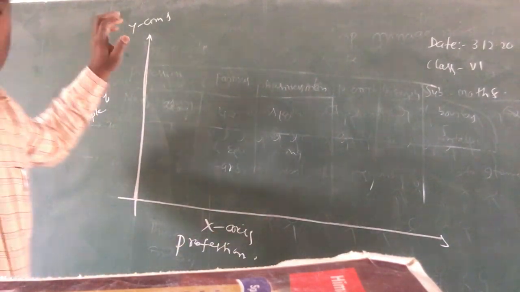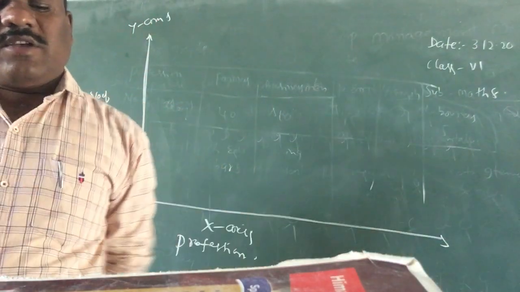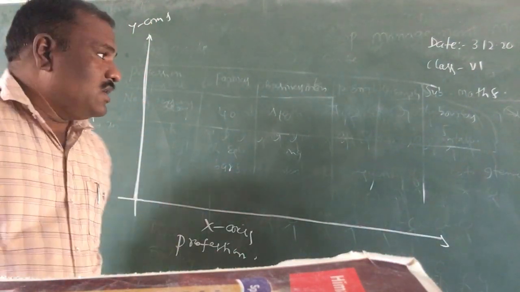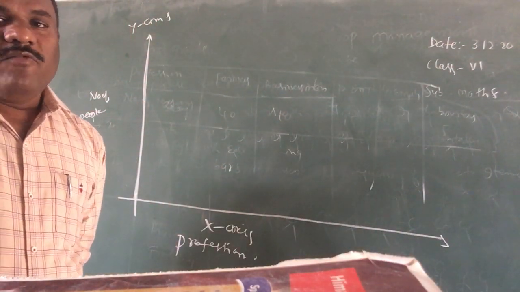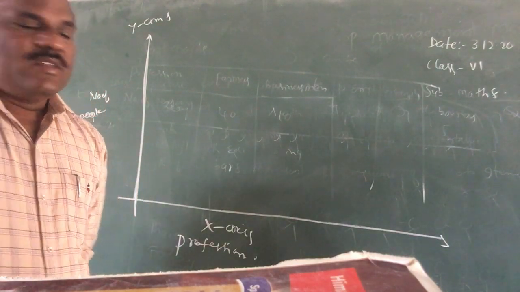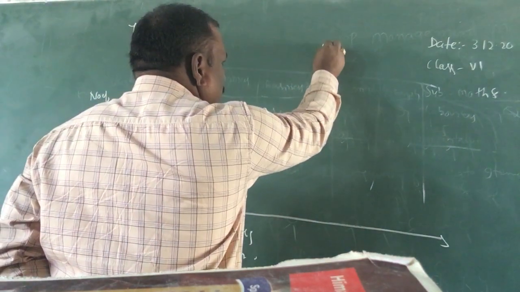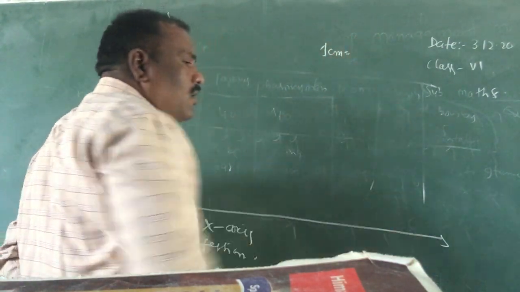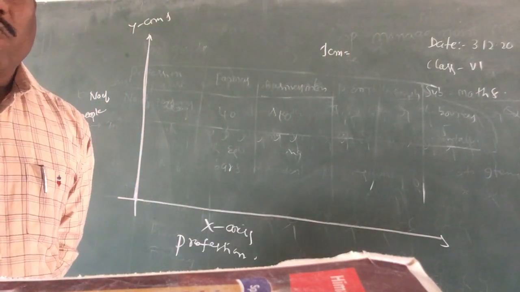Now, select a suitable scale on the x-axis. Say 1 centimeter equal to 5 persons.